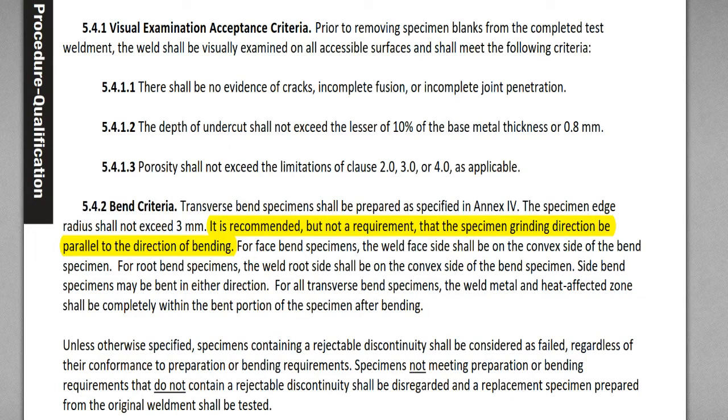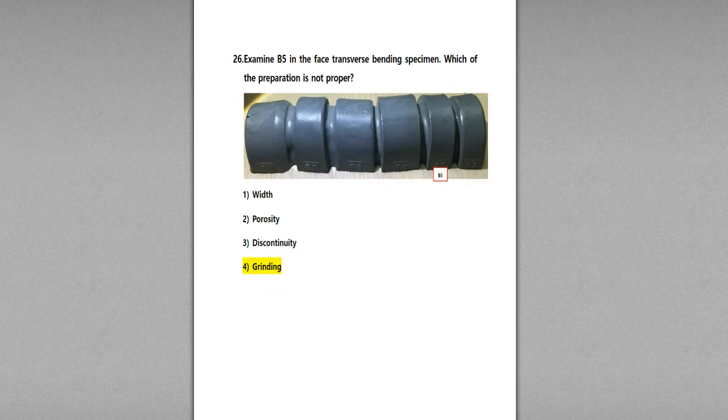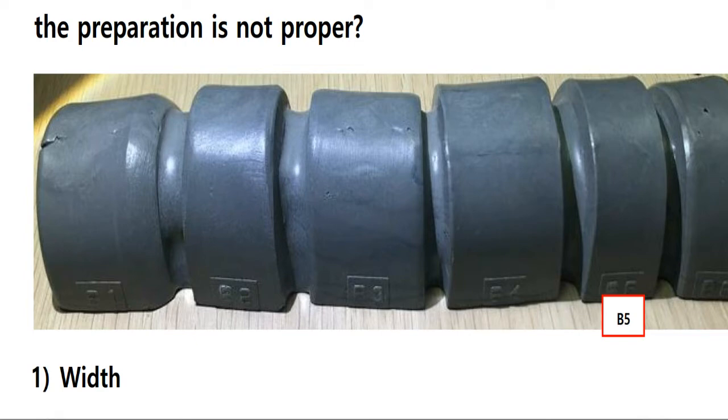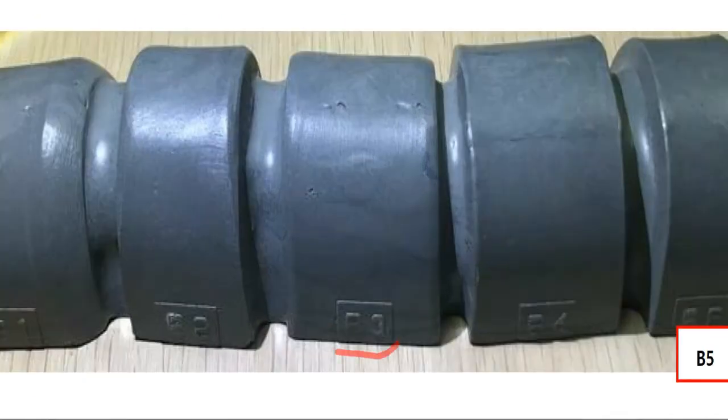Okay, I'm going to show you actual sample questions. This one is about the grinding direction. I'm not sure if you can see the grinding direction on the picture here. This is B3, B2, B1, and the grinding direction is kind of here. On B2, the grinding direction is horizontal.